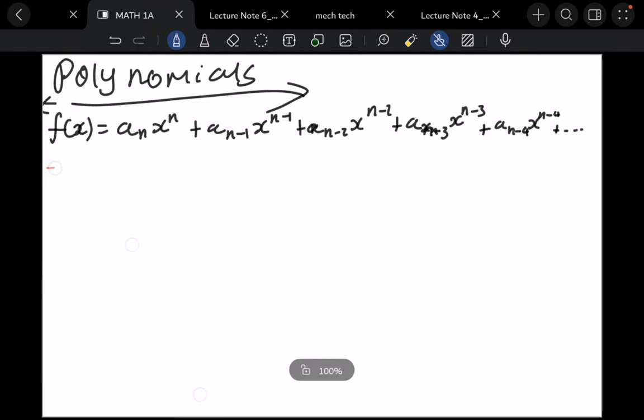These are the characteristics of a polynomial.